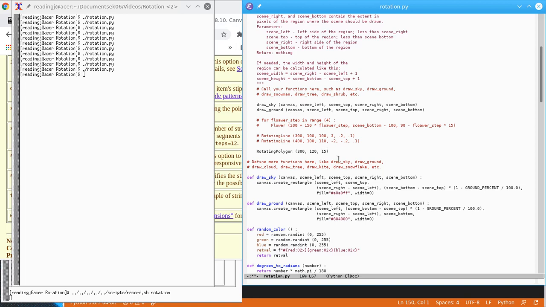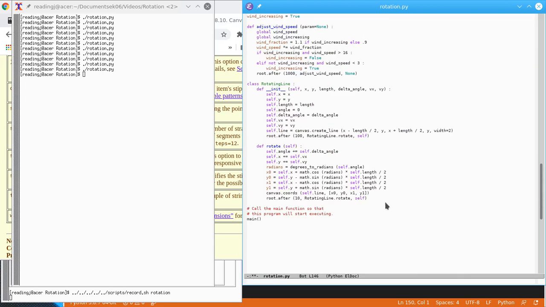This is just going to do a delta angle. So class RotatingPolygon. Don't need the parens there because I'm not deriving from another class.